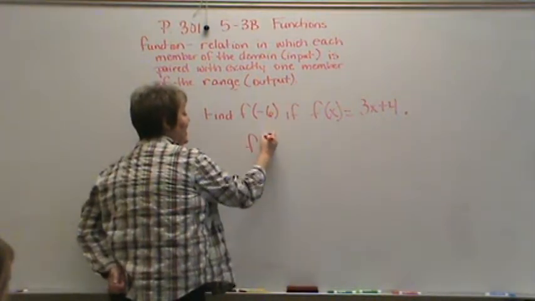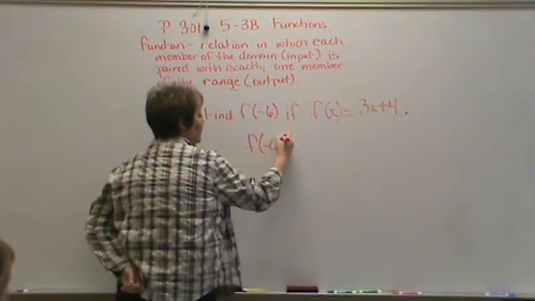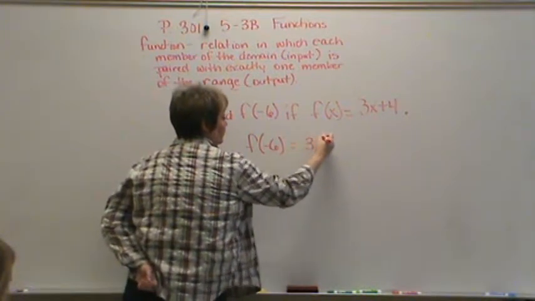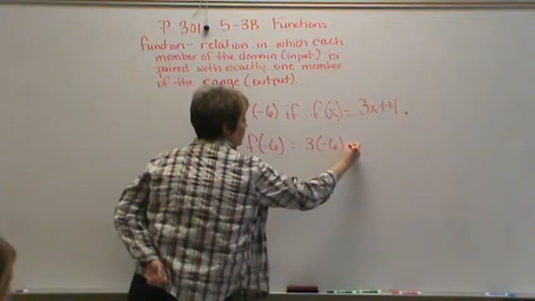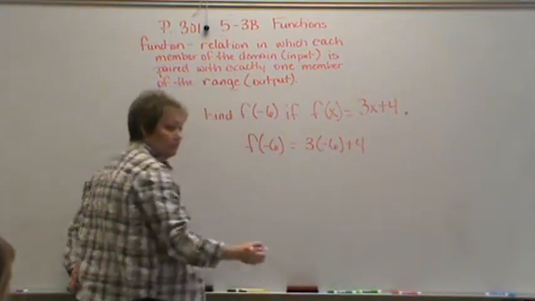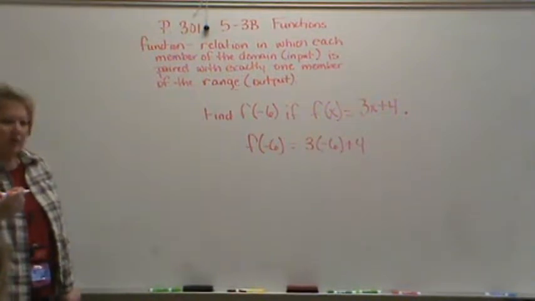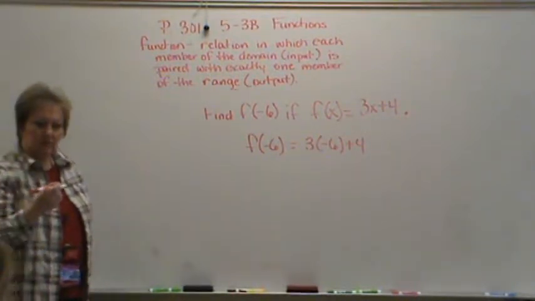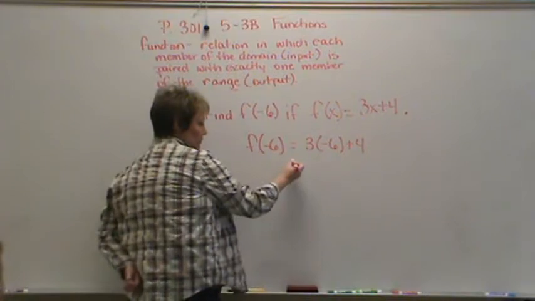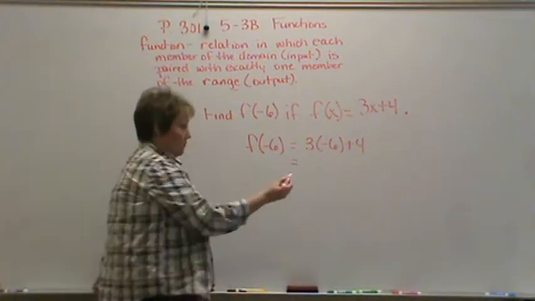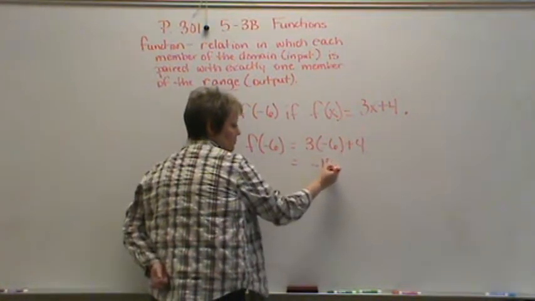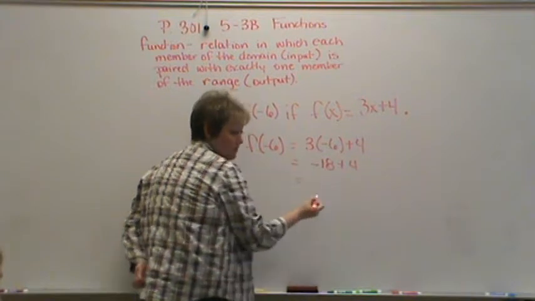So we're finding f of negative 6. Okay, let's hear you do the computation work. Tell me what I'm going to get. Negative 18 plus 4, which is equal to what?